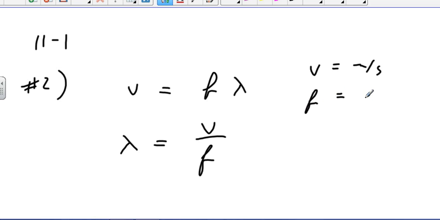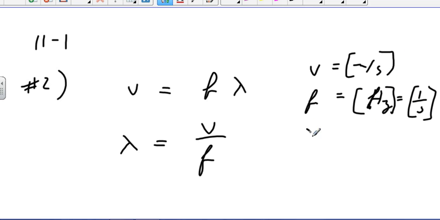Frequency is in hertz, which is 1 over seconds. And when I put brackets around it, it means I'm just looking at the units. And lambda, the wavelength, is in meters. So frequency times lambda in meters per second is the same as meters per second.